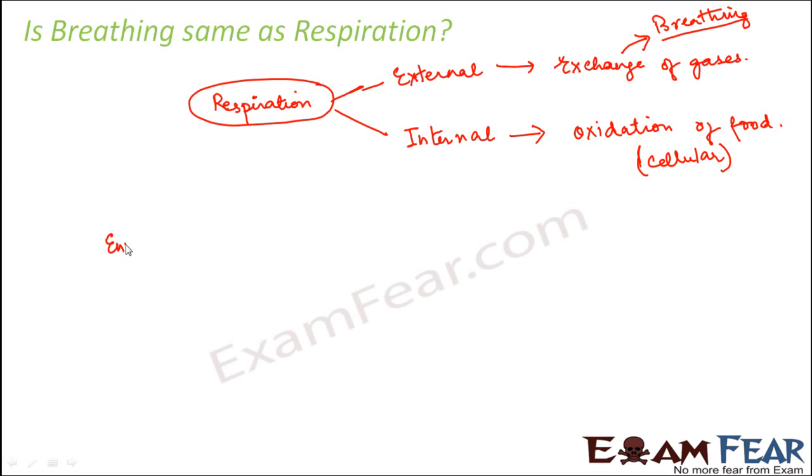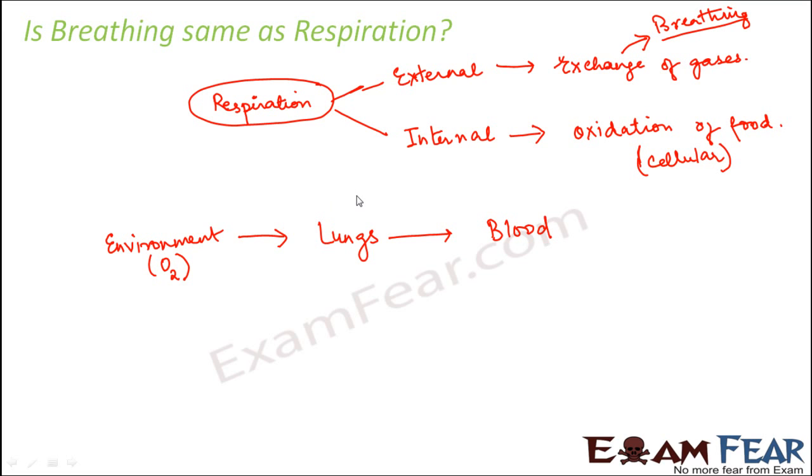Now, on a very high level, this is how the entire process of respiration works. In the environment, you have a lot of oxygen in the air. When we inhale the air, the oxygen is taken inside the body and sent to the lungs. We will talk about the different organs involved in the transfer of air to the lungs. From the lungs, it finally reaches the blood.